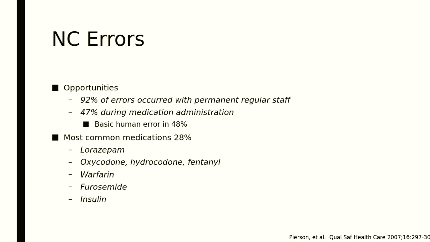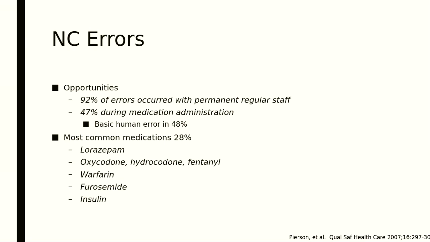There are also several medications that showed up multiple times for causing the majority of errors, and these typically are high-risk medications anyway. So if you think about medications like benzodiazepines or opiate pain medications, these have a high risk for having a medication error, so paying particular attention when you're administering those may also be helpful.